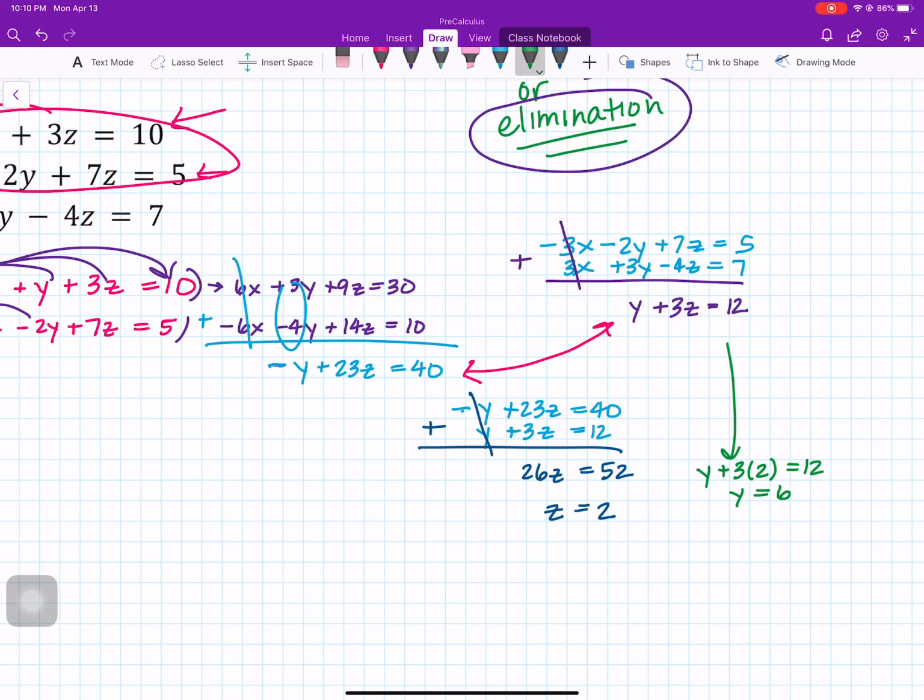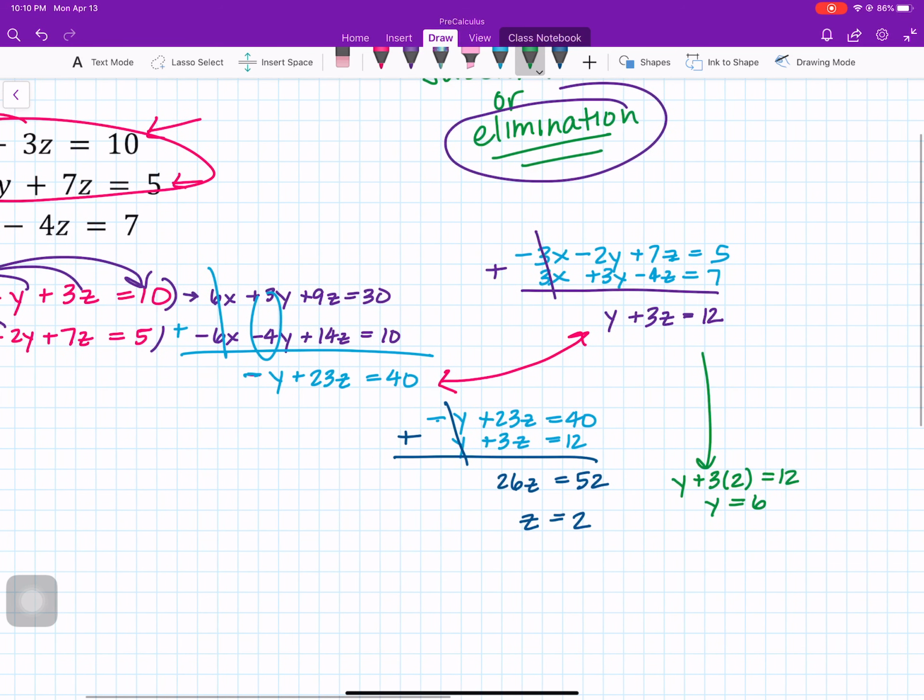Because if you go all the way back up to the top and you mess up, it's going to be very heartbreaking to have to go back. So you can even go over here and check and just pop in negative 6 right here and 2 for z and make sure that you get 40. So this is 23 times 2, which is 46. Negative 6 plus 46 is 40. Cool. So we're good. So we know that one's good and that one's good based on what we have.